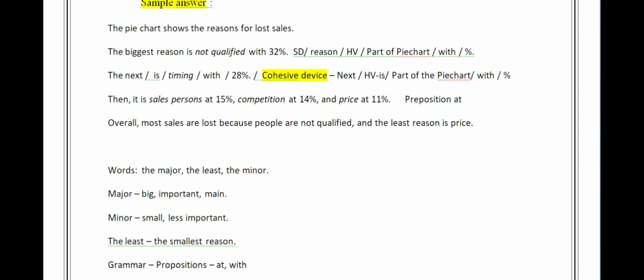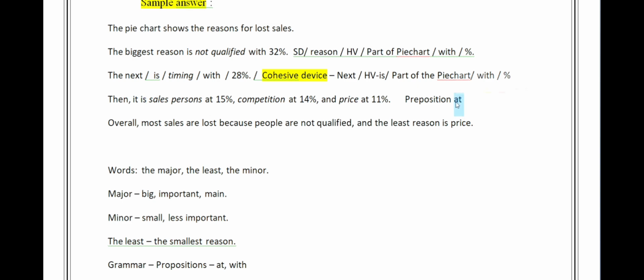Now the third one. So the connecting devices, the cohesive devices, then. It is sales, so the subject: salespersons at 15%. Here the helping verb is already taken. So it is salesperson at 15%, competition at 14%, and price at 11%. What have we shown?